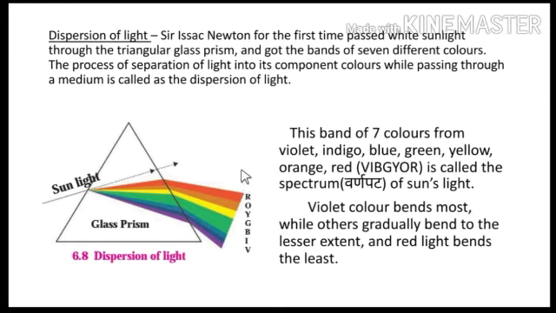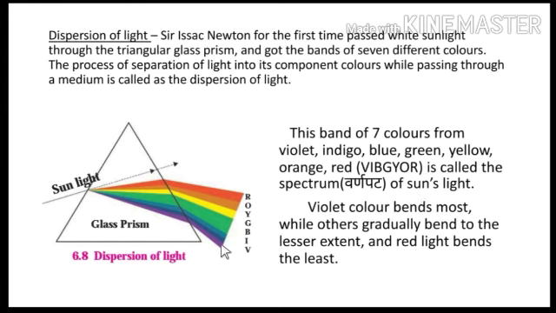This band of 7 colors is also called the spectrum of light, and since it is of the sunlight, it is also called the spectrum of sunlight, ज्याला मराठीमध्ये आपण वर्णपट असं म्हणूया. असा वर्णपट मिळतो, आणि हा 7 रंगांचा वर्णपट जो आहे तो आपल्या सूर्यापासूनच मिळतो.